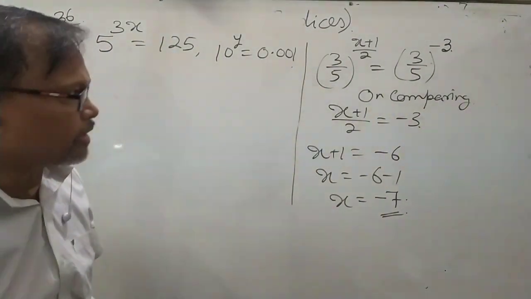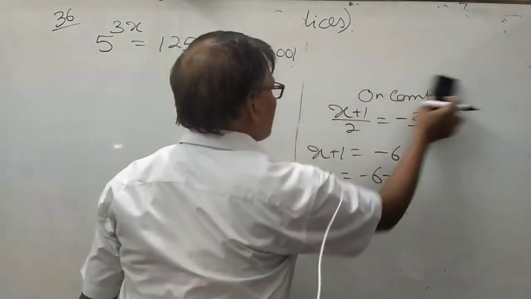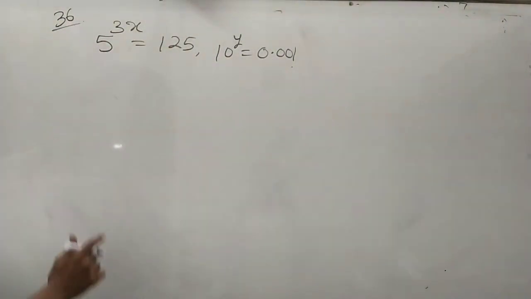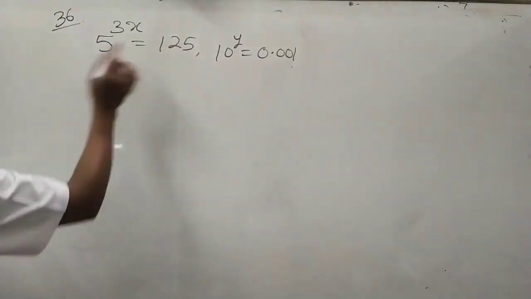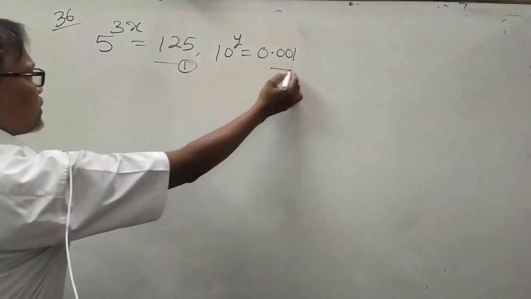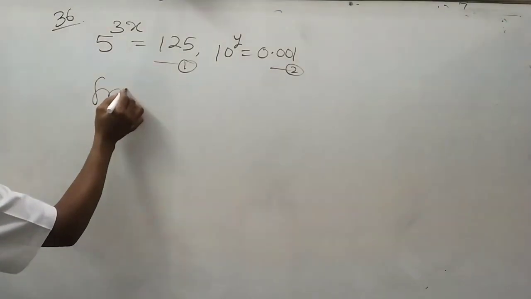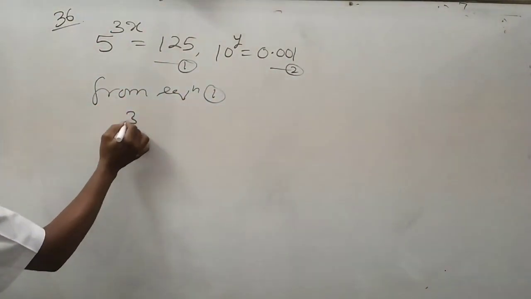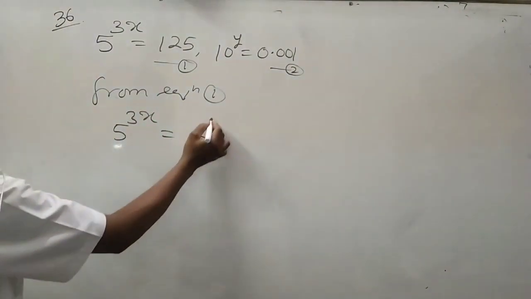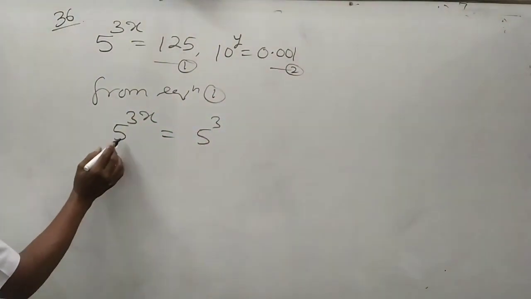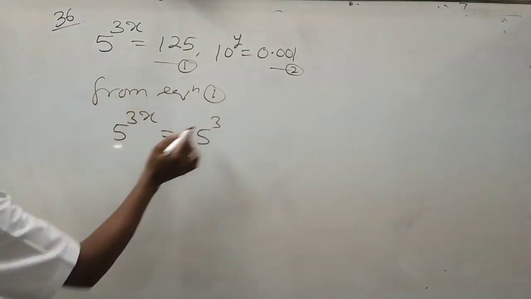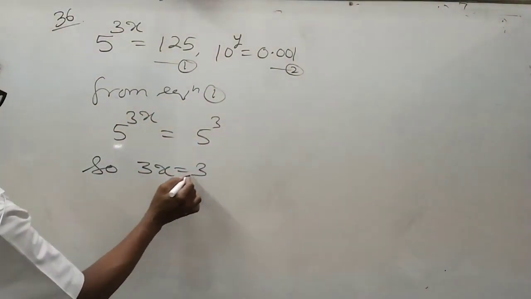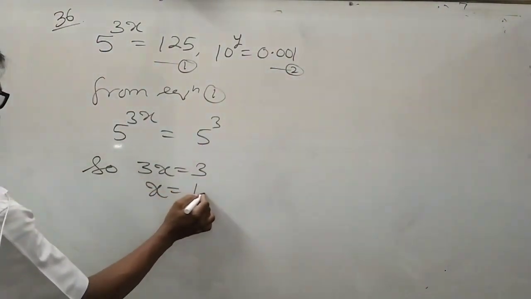Find x and y. So from equation 1, this is equation 1, this is equation 2. From equation 1, can you write this 125 as 5 cube? Yes. Now the bases are the same, so the powers will be equal. So 3x is equal to 3, x is equal to 1.